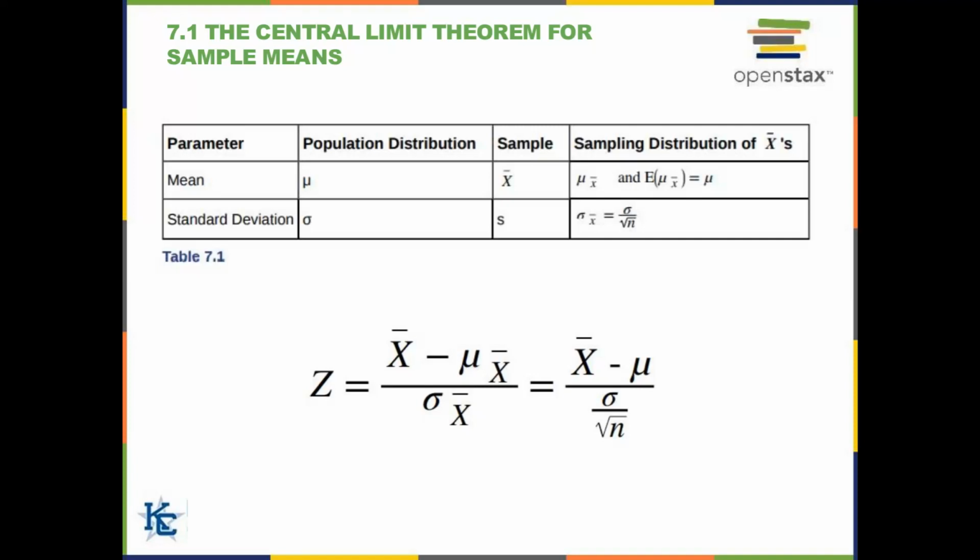These are all symbols we've used in the past. And you'll see this formula is very close to what it looks like for a z-score. The only real difference is we are now taking the square root of the sample size under the standard deviation when we are working these types of problems that fall into this particular set.